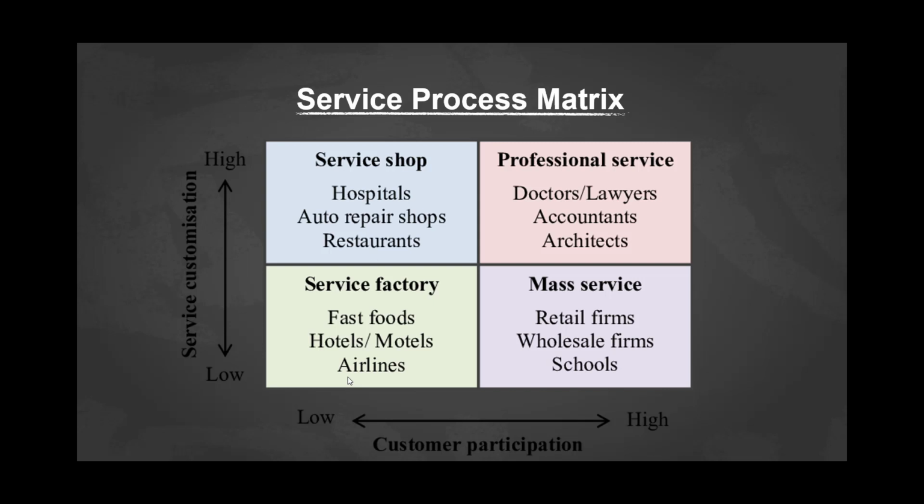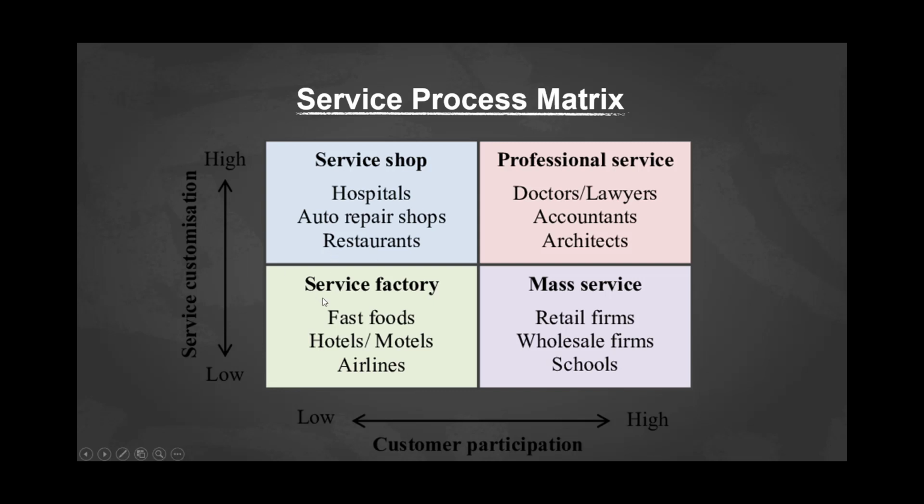This results in a matrix with 4 quadrants, each with a unique combination of degree of labor intensity and customer interaction and customization. The lower left quadrant contains firms with low degree of labor intensity and low degree of interaction and customization.